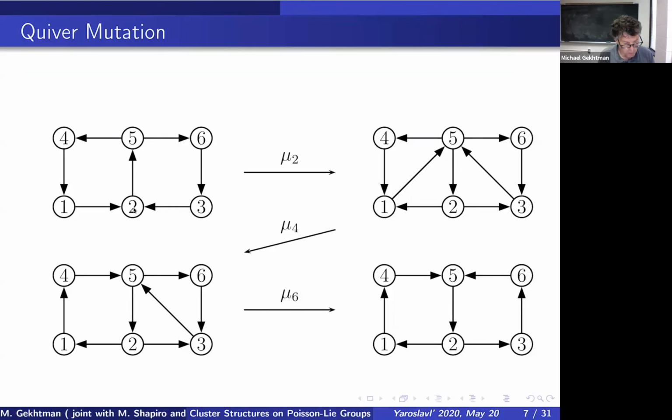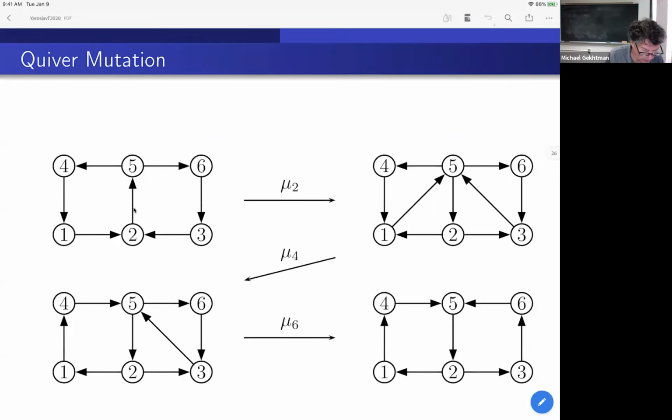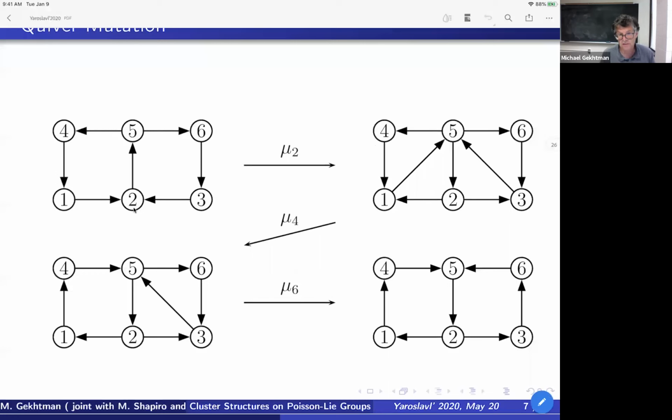Coordinate number 2 will become a product of x1 times x3, because those point to 2, plus x5, because this is the only arrow from 2, divided by the original coordinate. So this is a cluster transformation. And what happens to the quiver in this case? You might not immediately recognize it from the picture, but each of these mutations can be obtained in 3 steps. So let's see what happens at vertex 2.